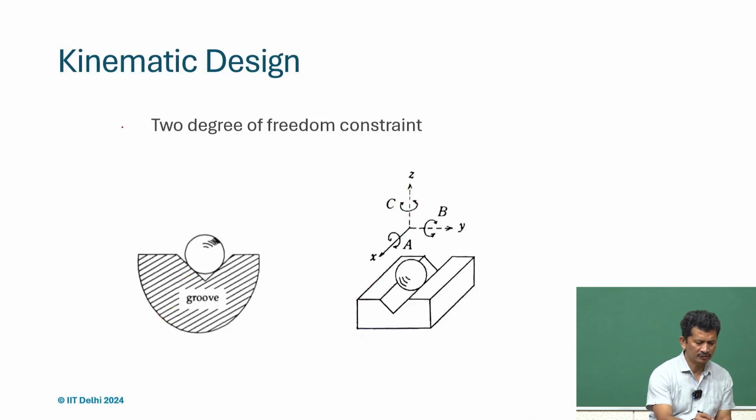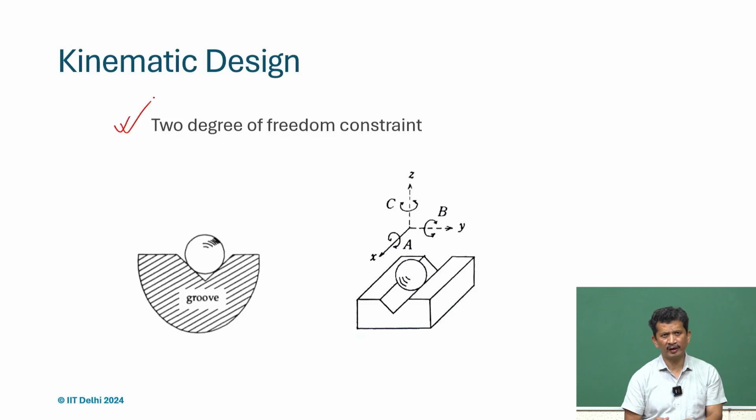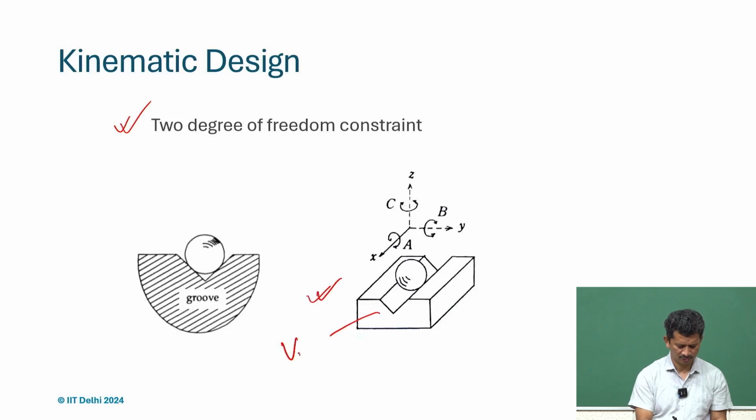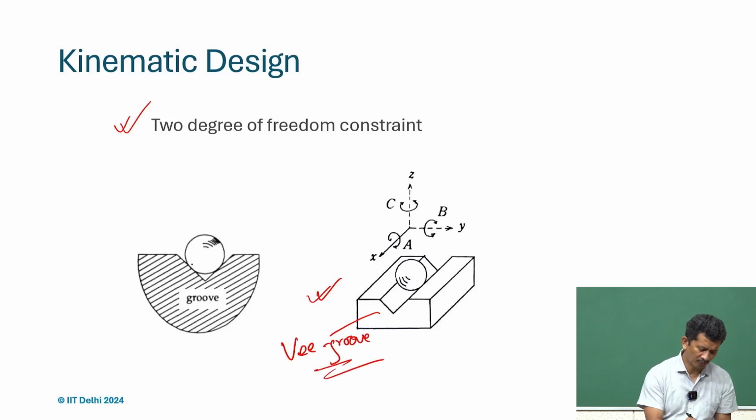For instance, what if they are done differently, if it is not a flat surface. In this case, instead of putting a ball on the flat surface, if we put it on a V groove, what will happen? The moment we put this sphere on the V groove, now we have 2 contacts.